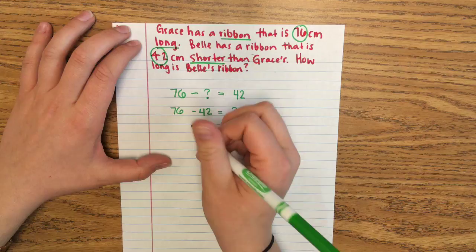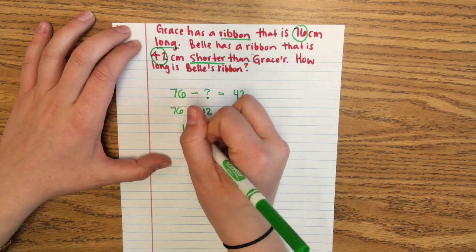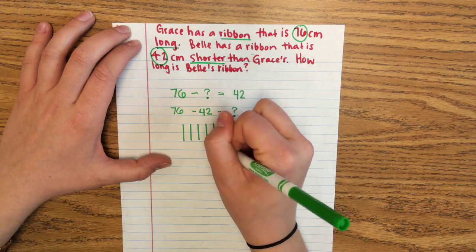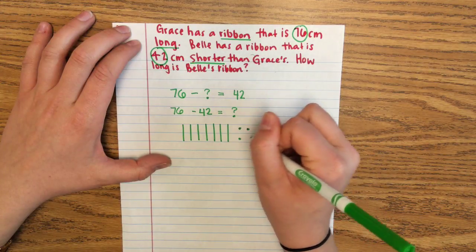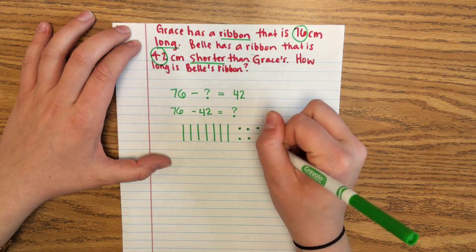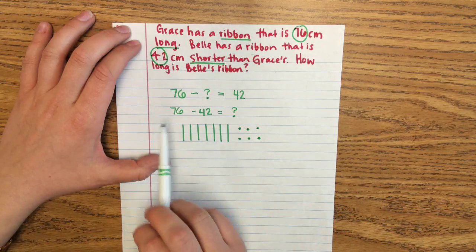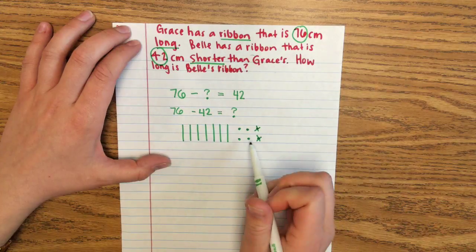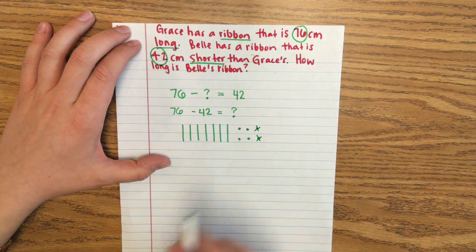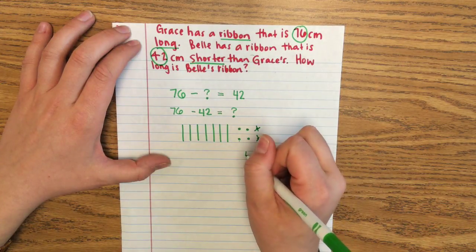So I'm going to start with 76. So I have 10, 20, 30, 40, 50, 60, 70, 71, 72, 73, 74, 75, 76. And I know I need to take away 2 ones, so I'm going to cross out 2 ones. And I see that I have 1, 2, 3, 4 ones left. So I have 4 ones.